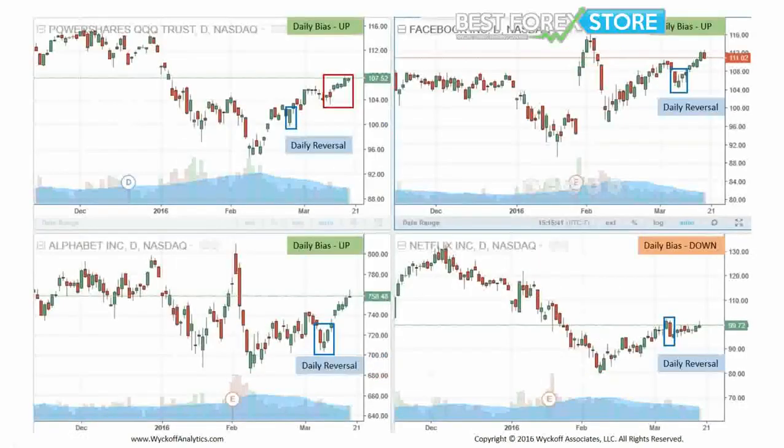The first thing that you're still going to do is look at the daily bias. So here are the daily charts for all 4 instruments. All of the trades that we're going to look at are going to be in this area right here.